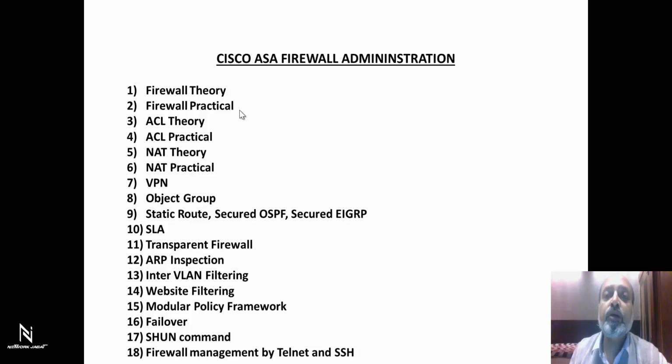Then failover, very, very important, because if we are not offering a failover solution to our customers, then we are denying that customer a 24/7 service, right?